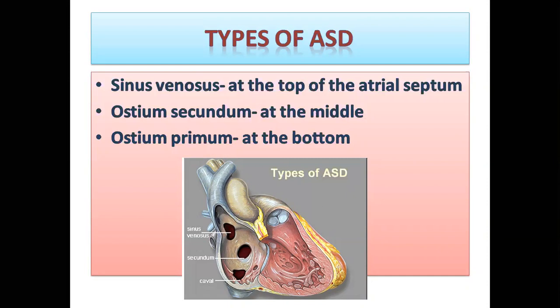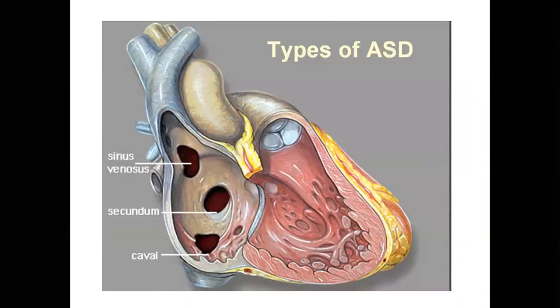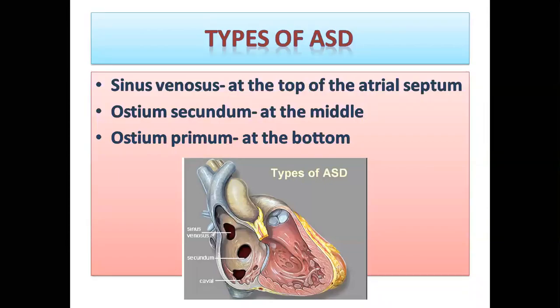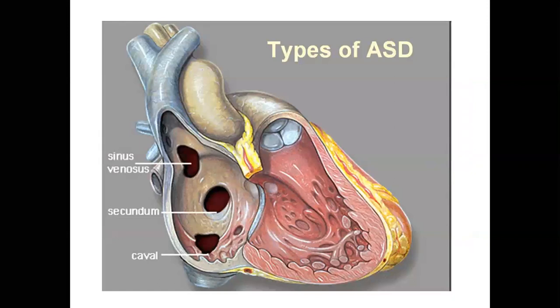The sinus venosus defect is present at the top of the atrial septum, near the venous entry. Then ostium secundum is at the middle of the atrial septum, between the right and left atrium.